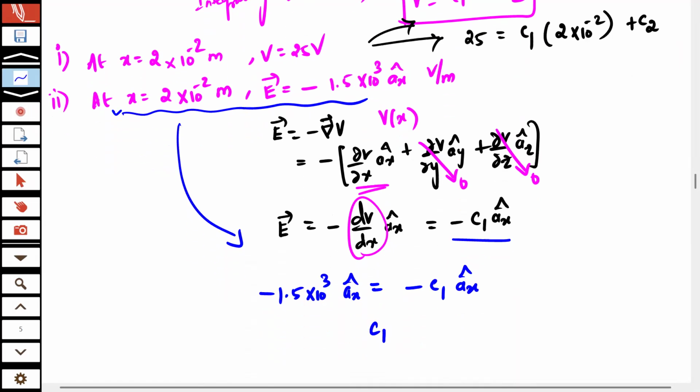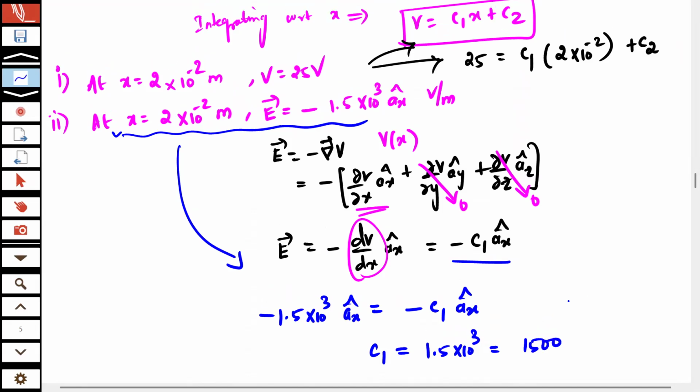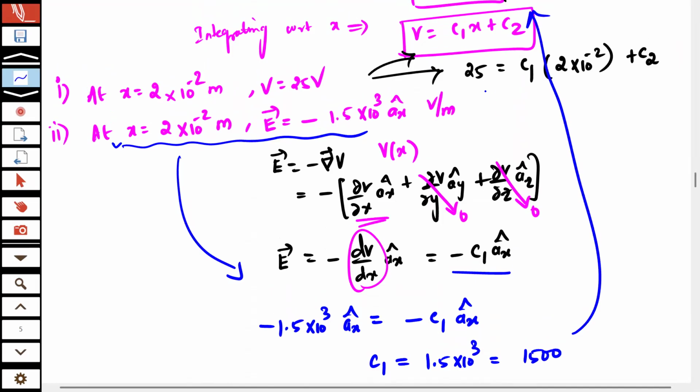So here in this case, c1 will be equal to 1500, or 1.5 into 10 power 3. We can also write it as 1500. Now applying this c1 in this expression, we can get c2.